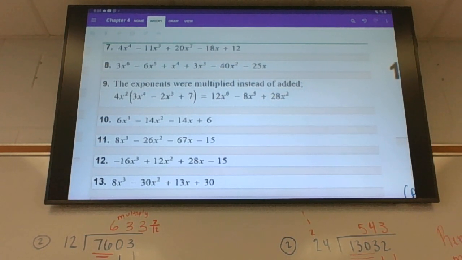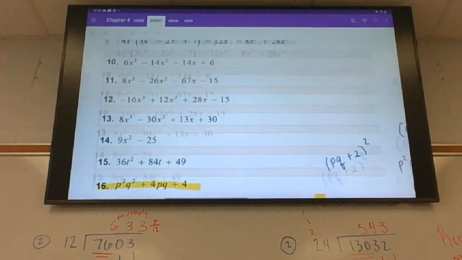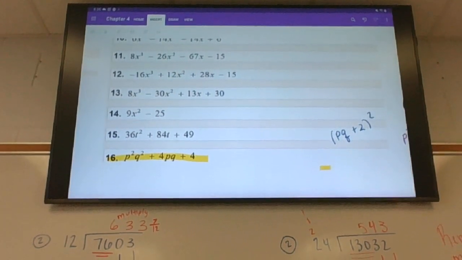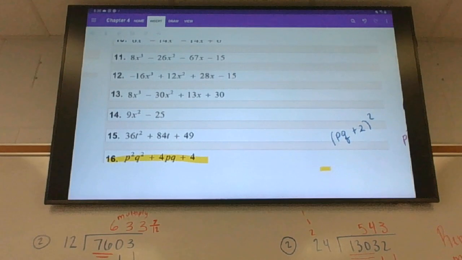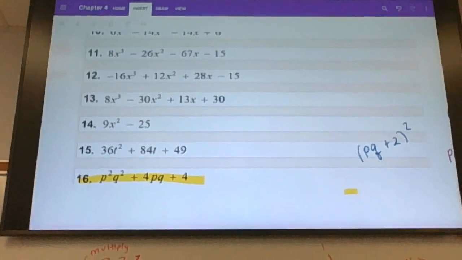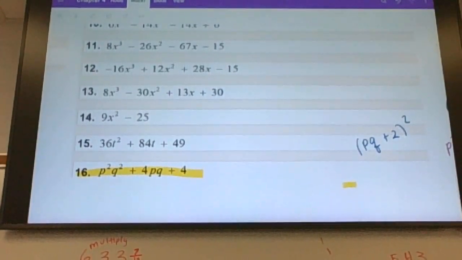Okay. Here's 14, 15, 16. Wait, who's going to start it?